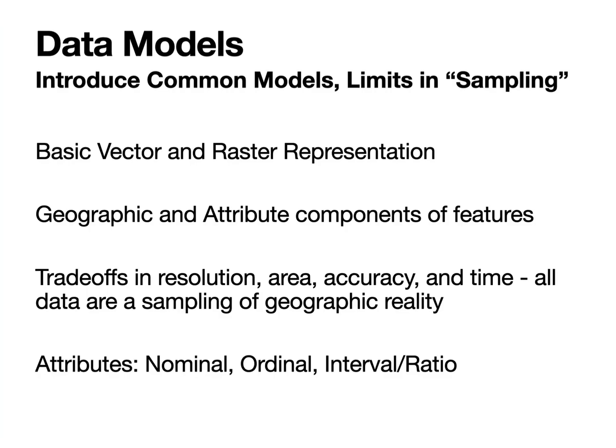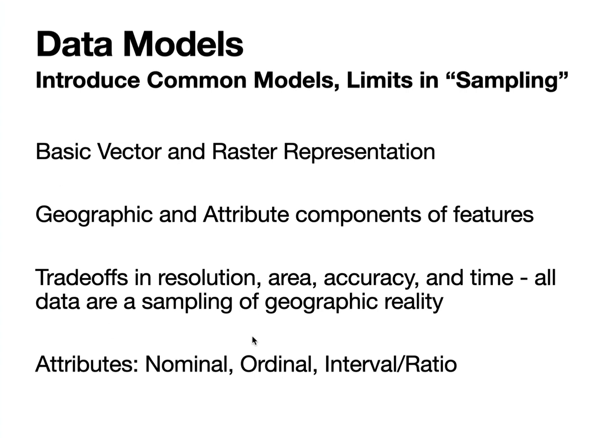So data models, right? We have them for each of our themes. There's basically a vector representation where we keep track of the boundaries and structure that, and we don't know anything about anything in between. There's the raster representation, which is kind of a 2-dimensional rug across the landscape where every cell has a value at a fixed resolution. We have the attribute components that go with these geographic components of the features.